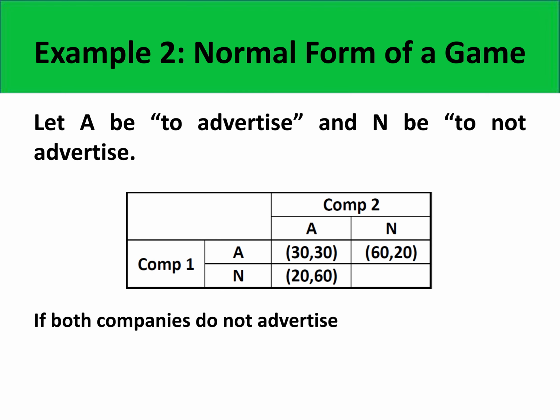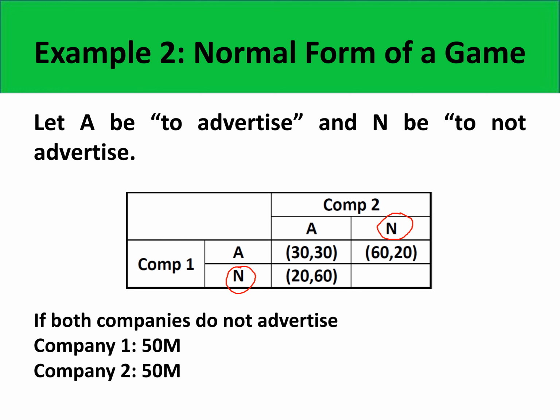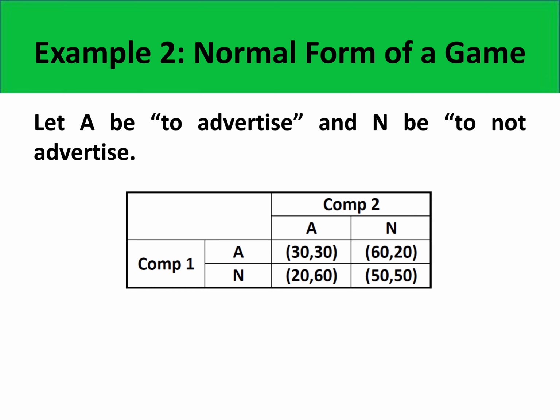Now finally, if both companies do not advertise, then there will be no deduction from both company 1 and company 2. Thus, both companies would get 50 million pesos. So this is the normal form for this example.